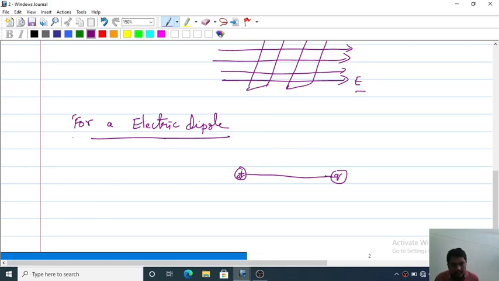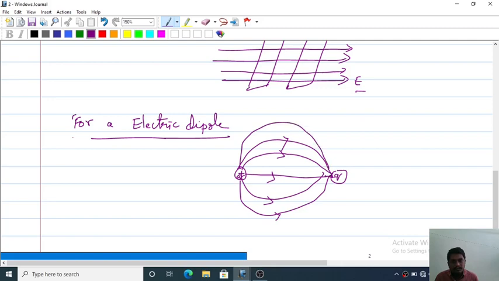Electric field lines are represented from positive to negative charge. These are the electric field lines. They start at a positive charge and end at a negative charge. For a dipole, every point on this line, I'll draw it neatly, so I'll take another pen.